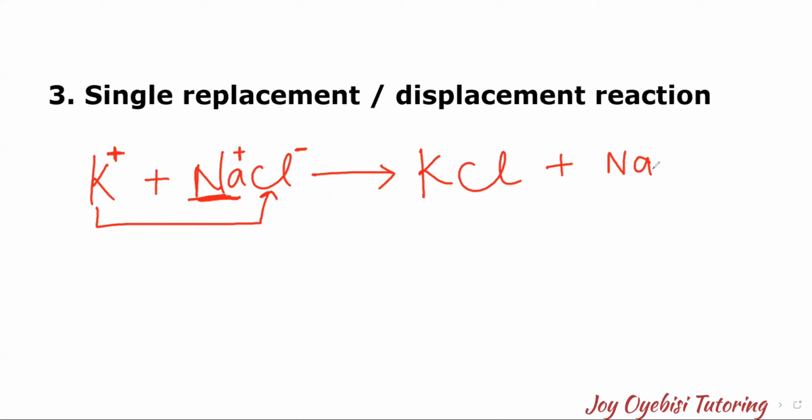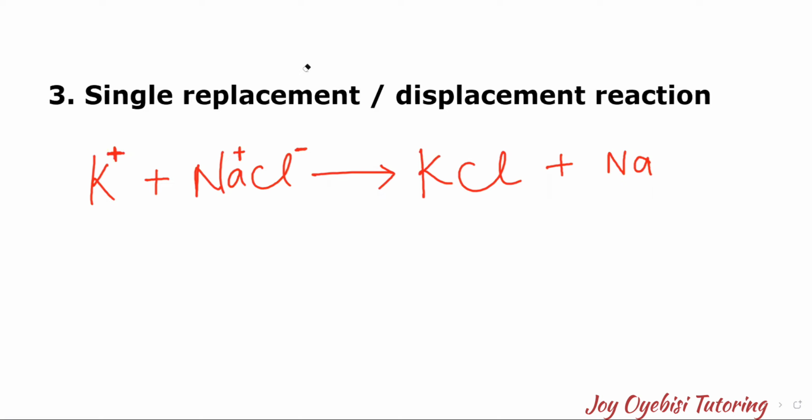Now, why I say that you need the knowledge of reactivity series is because this replacement can only happen if potassium is more reactive than sodium. So if potassium is not more reactive than sodium, it will not be able to replace or displace it.